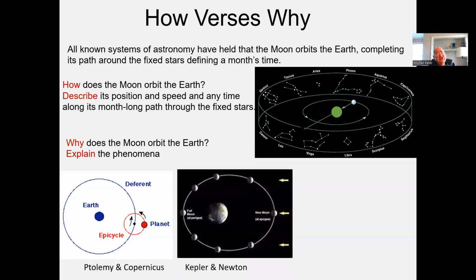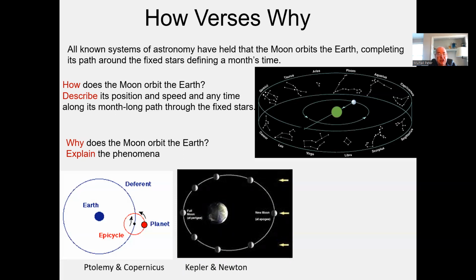A second explanation is the one of Kepler and Newton, where we have a much simpler situation of the moon going around the Earth as an ellipse. Completely different description, completely different mechanism of what's going on, but ultimately should be the same path. It should be the same description.